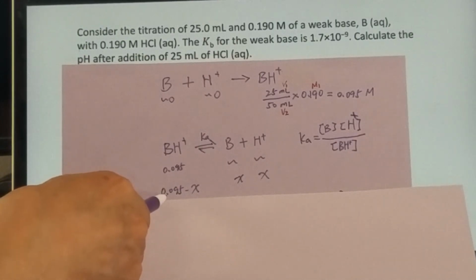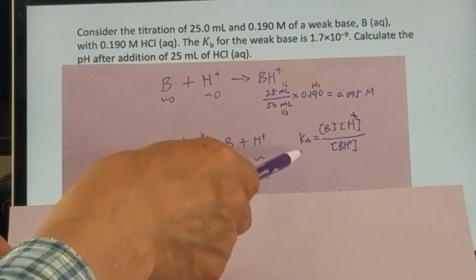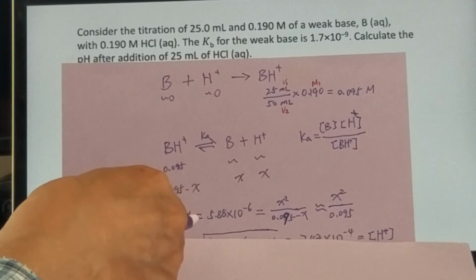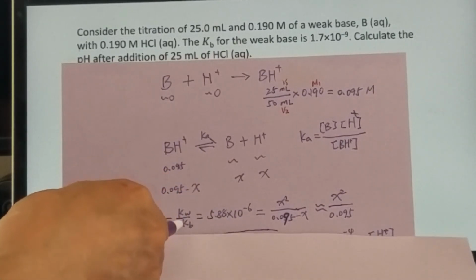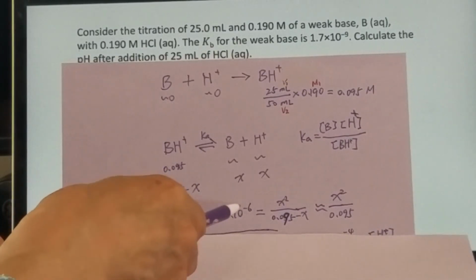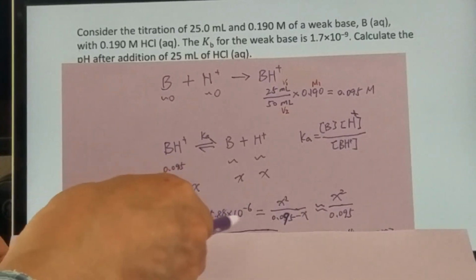So therefore, let's write Ka. Ka, again, we don't know, but we can calculate that from Kb. This is the Ka now.